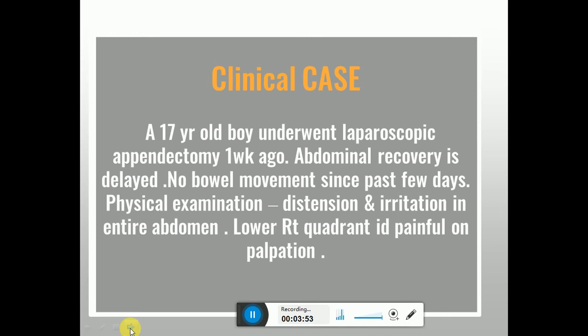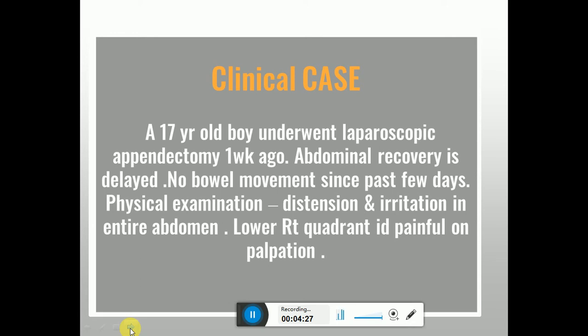So in the right lower quadrant, which structures or organs are present? Definitely one is appendix, other is cecum, and we have ileum. So before jumping onto the diagnosis, as we are moving ahead, we have to get some investigation done.